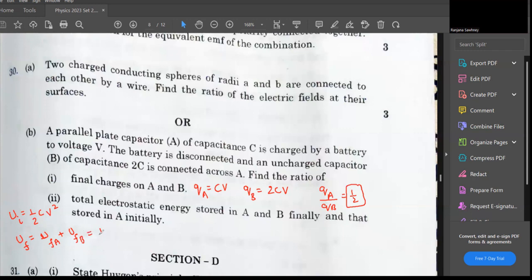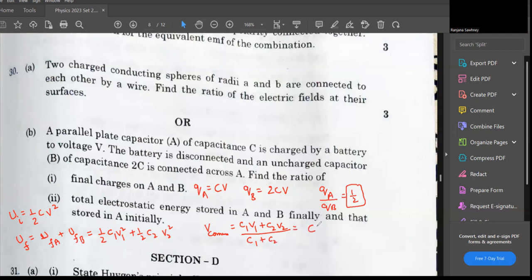The final energy stored will be equal to half C1 V1 square plus half C2 V2 square. Here V1 will be equal to V2, that is, both of them reach the common potential. So we'll find the common potential. C1 is C and C2 is equal to 2C. So first let's find the common potential. Common potential is given by C1 V1 plus C2 V2 upon C1 plus C2.